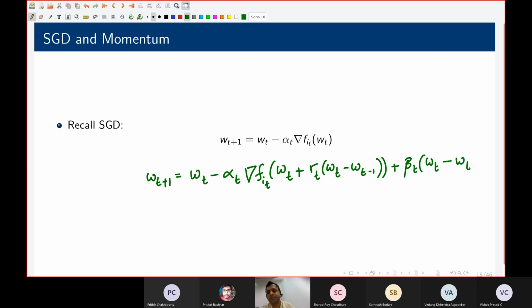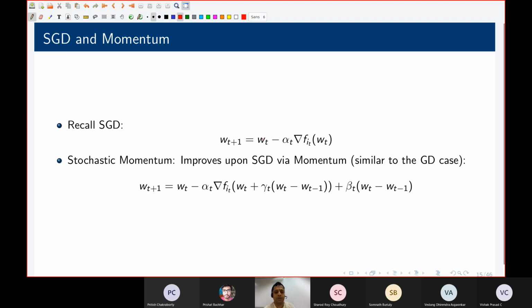I'm doing that because let's say I wanted to recover the heavy ball method. And if I made gamma and beta the same, then how would I recover? In heavy ball method, what happens to gamma t? 0, right? But I don't want the last term to go to 0. So what is your expectation? This is the overall update scheme.